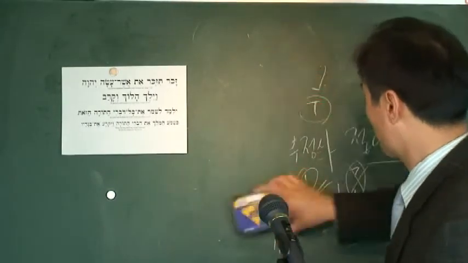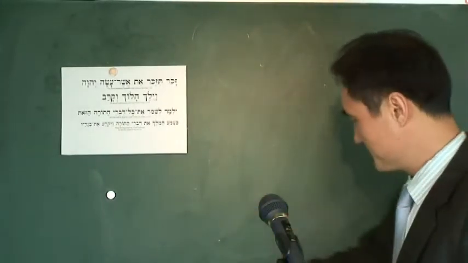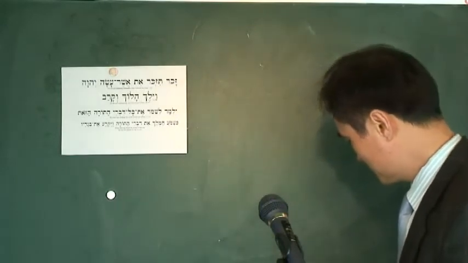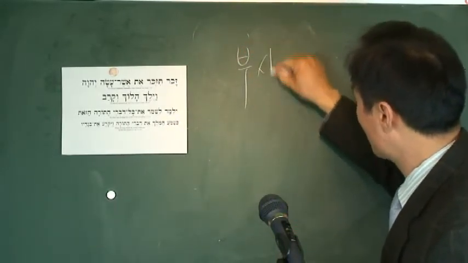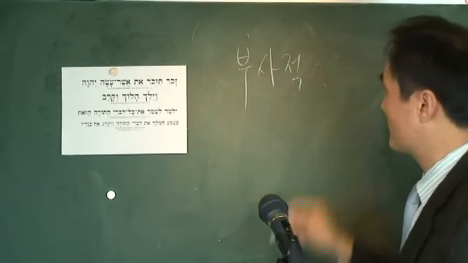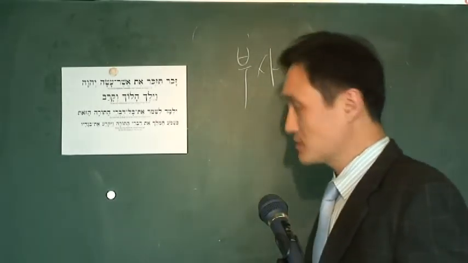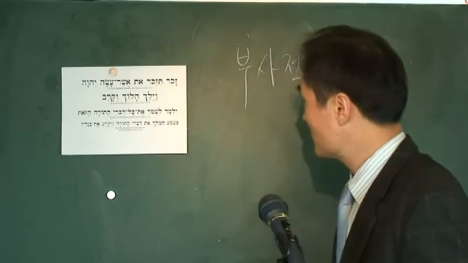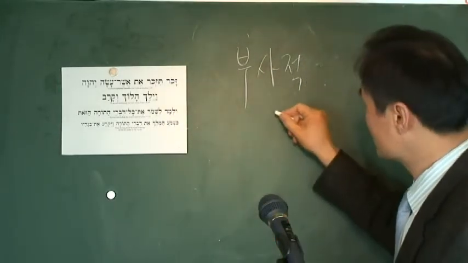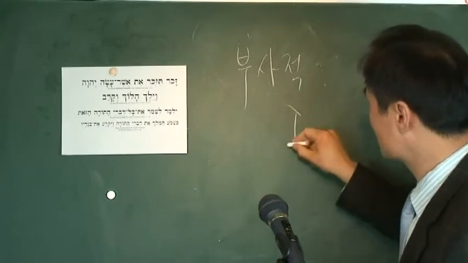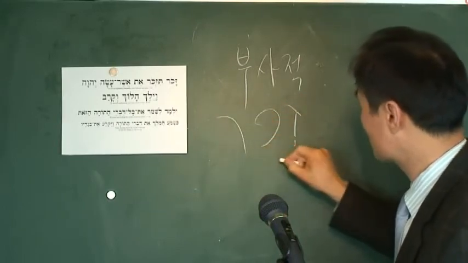In the case of the absolute state, it is first used adverbially. The word zakor is used as an adverb.